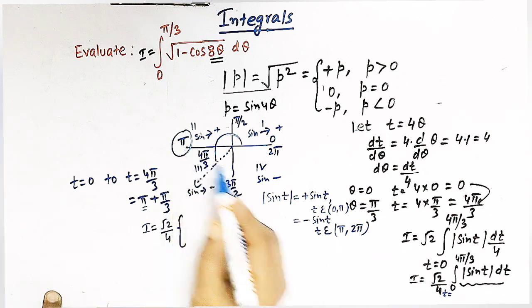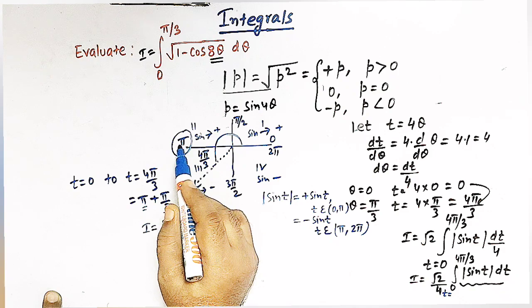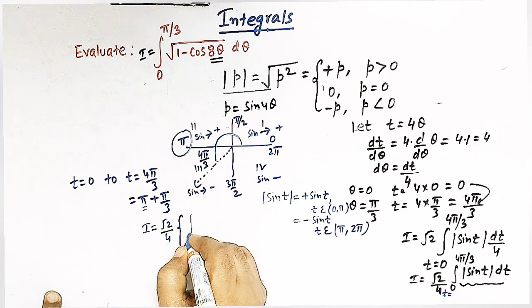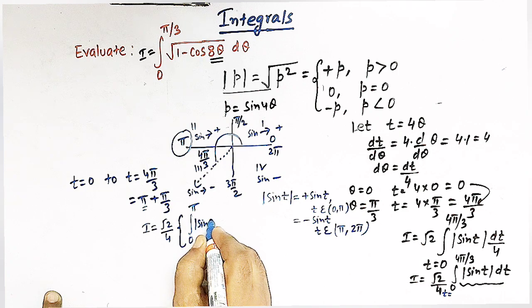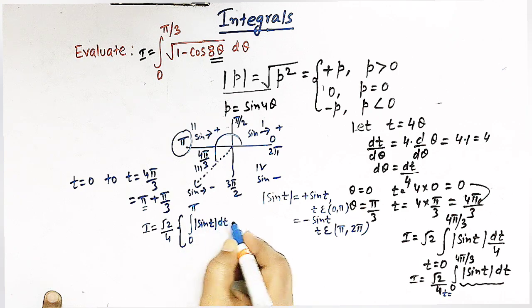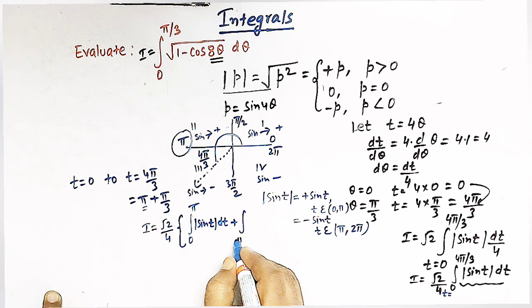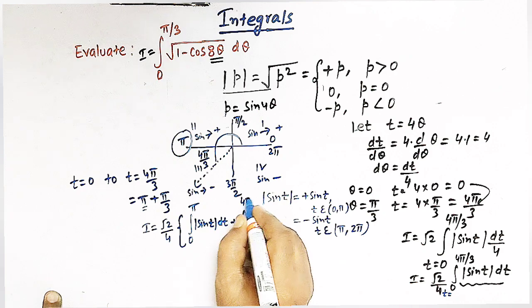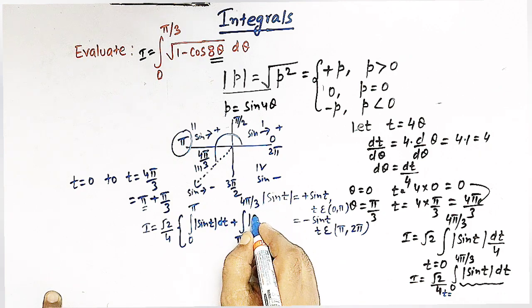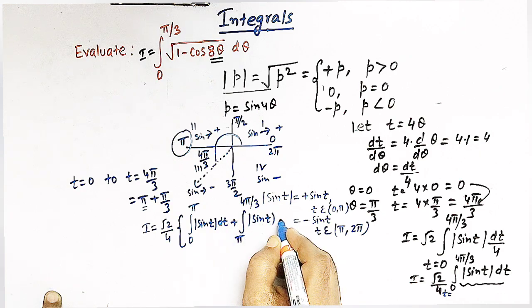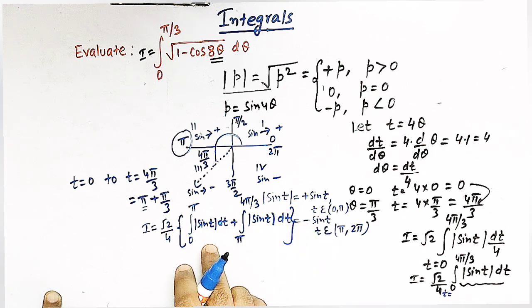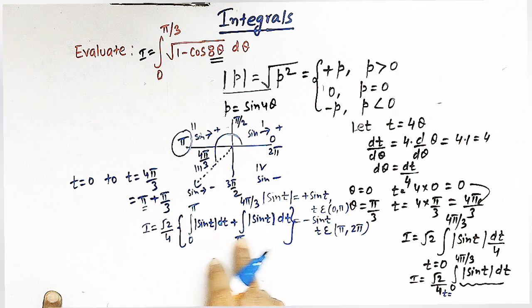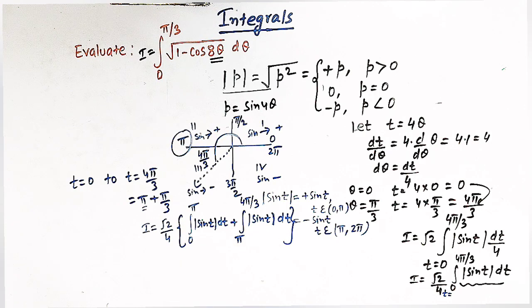And we'll split the limit at this point, that is pi. So we'll write 0 to pi, then we have mod of sine t dt, and here we have pi to 4 pi by 3, and here we have mod of sine t dt, right? So now we have to find out the values of these two integrals.